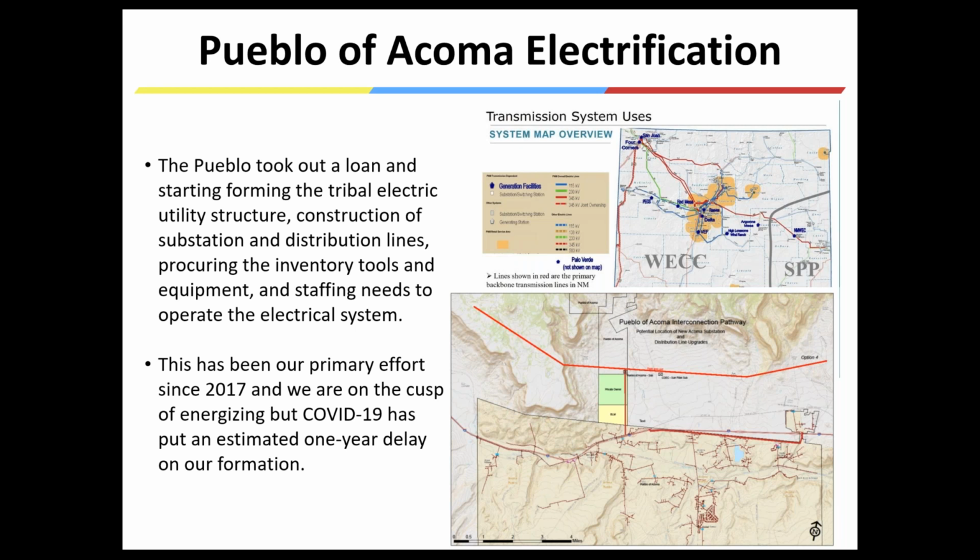But we did have to take out a sizable loan to form this tribal electric utility for construction of the substation, distribution lines, performing the assessments, procuring inventory, the tools, equipment, and staffing in order to operate the system. And as I mentioned, we really started heavily in 2016 and 2017.